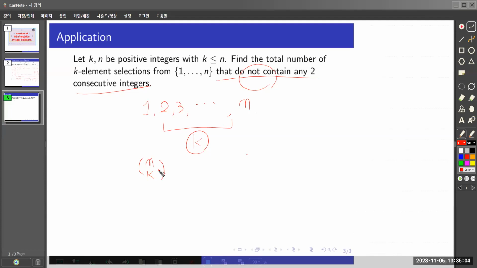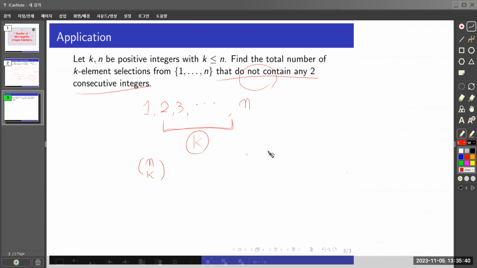But we can also think about this one like the previous slide. If you choose k elements in here, you can think about those k numbers like k bars. Then we have k plus one distinct boxes. And then we want to count the number of integers there, although in the previous slide we counted the number of x's.